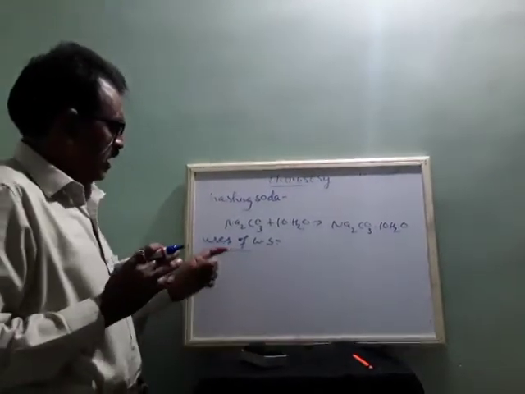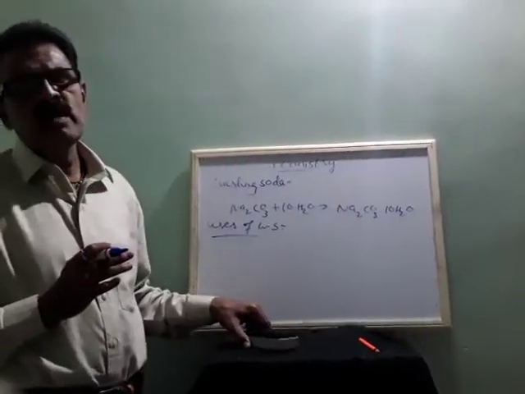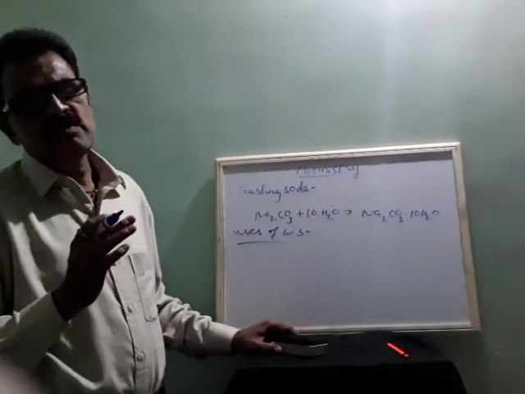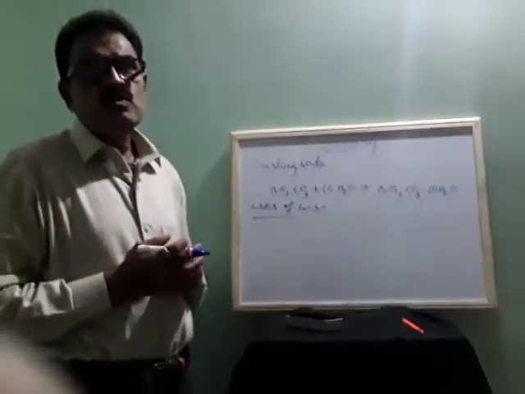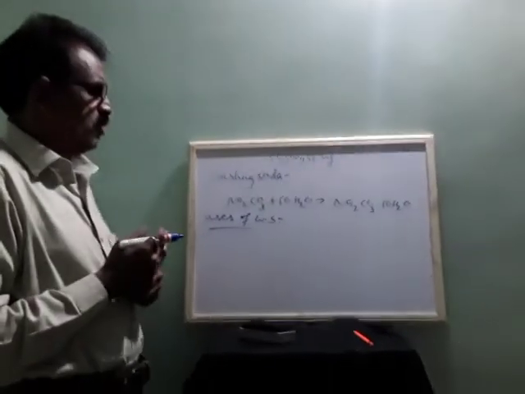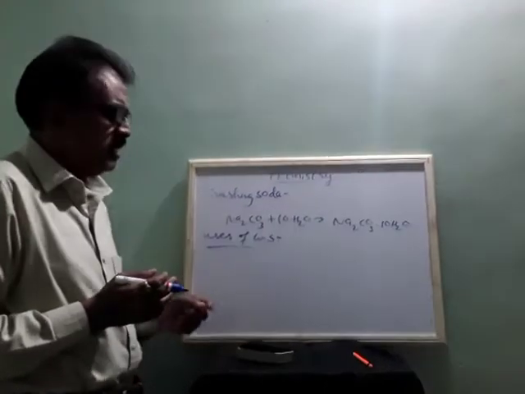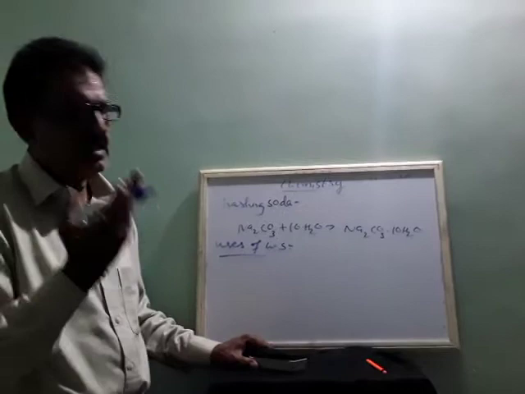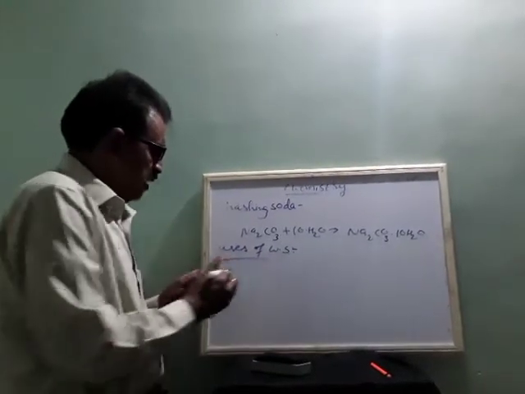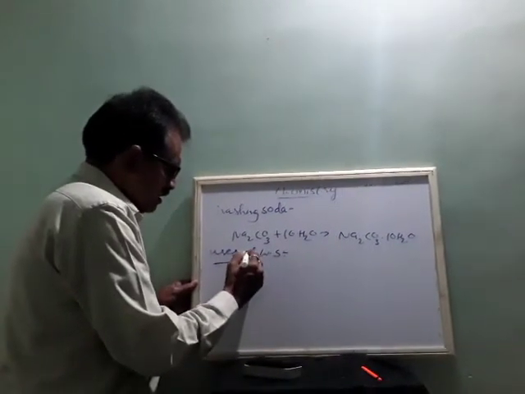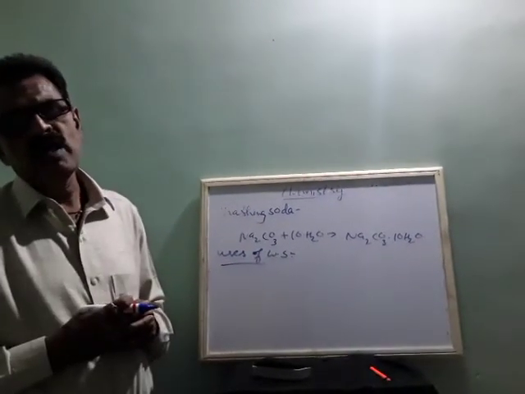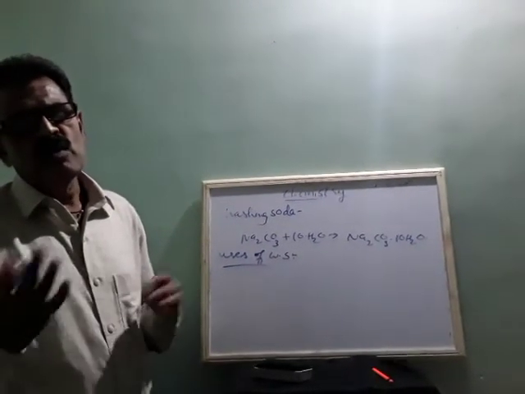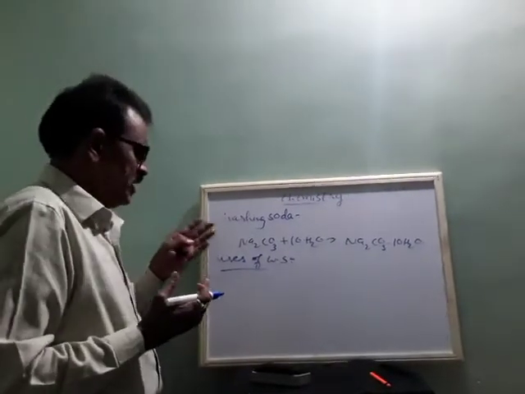And one more, we use it to prepare borax, which is very useful nowadays, and this is also useful for household work. We use sodium carbonate especially in soaps and detergents. And moreover, one more very important use of washing soda is to remove the hardness of water. To make hard water soft, we use washing soda.